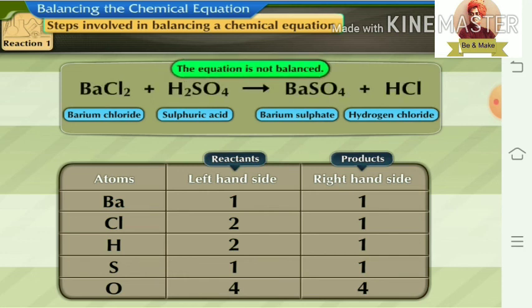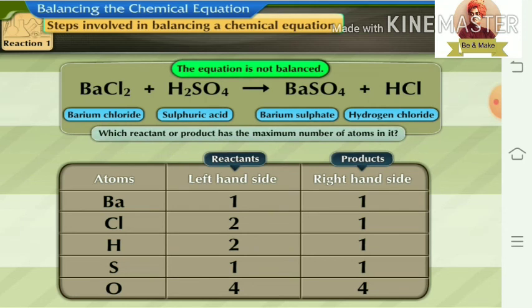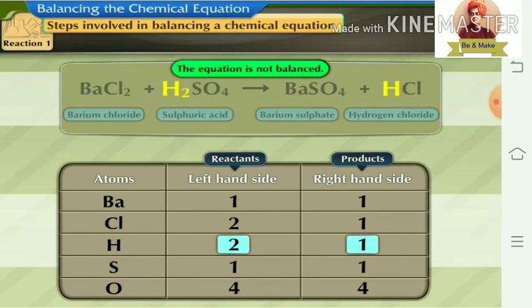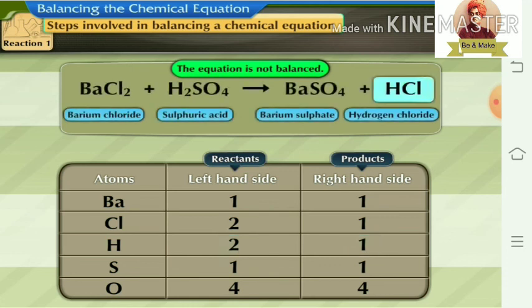So we have to see the next step, that is the number of atoms present at both sides, then deal with the unbalanced atom with the maximum number of atoms. So the compound with the maximum number of atoms is sulfuric acid, where hydrogen are 2 and in HCl at the product side 1. In order to make it balanced, we have to multiply this HCl by 2 coefficient. When we multiply, hydrogen becomes 2, 2 at both sides.